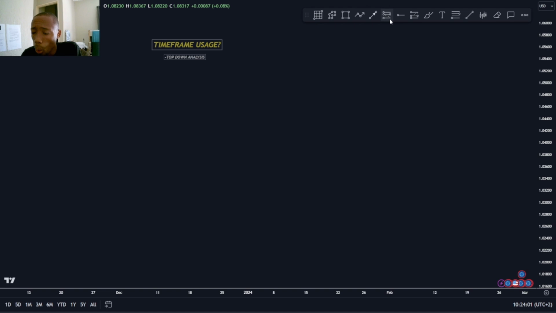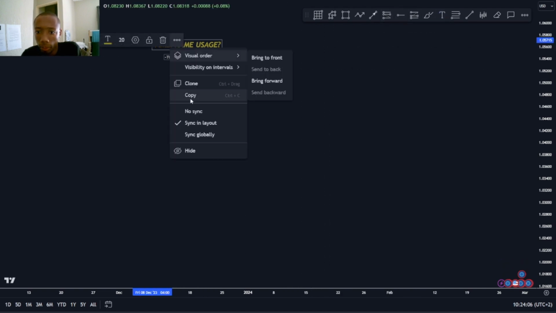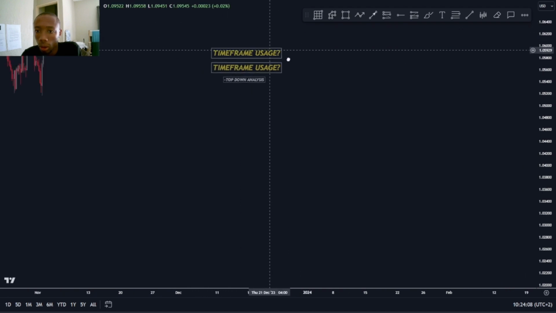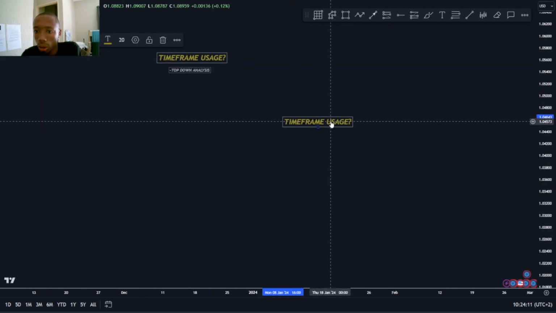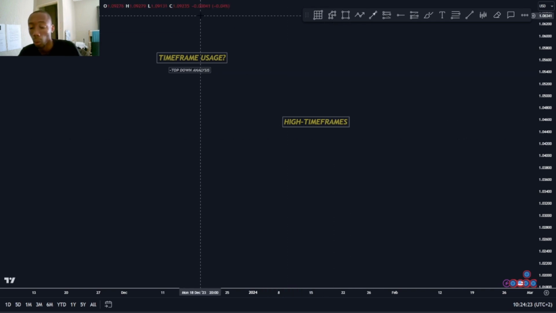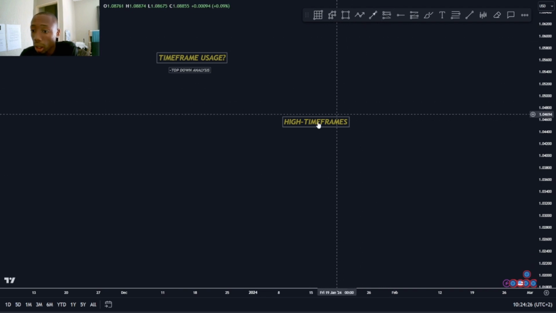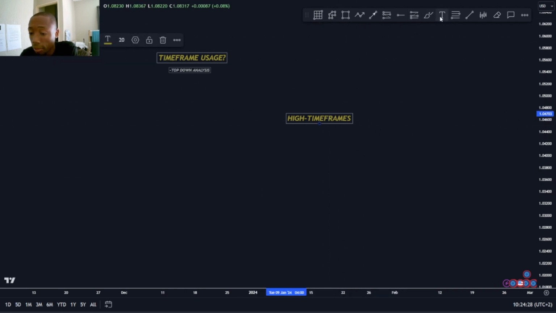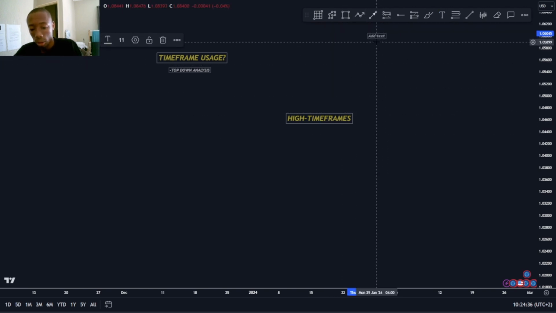So what are the time frames that we use? Let's start off with the high time frame. What are our high time frames at Falcon? I primarily use 3 higher time frames, which are the weekly, the daily, and the 4 hour. Sorry about that.